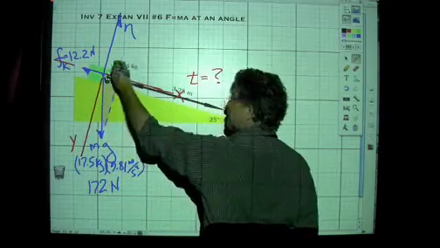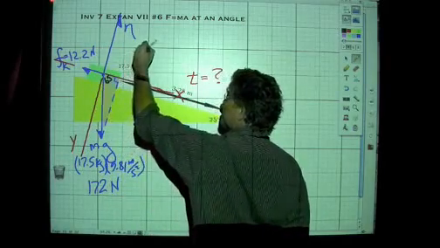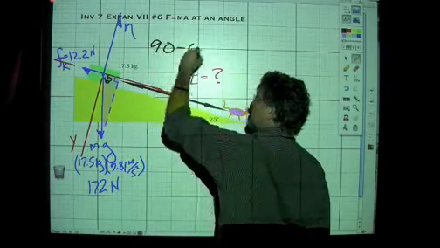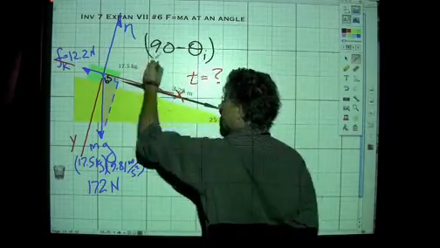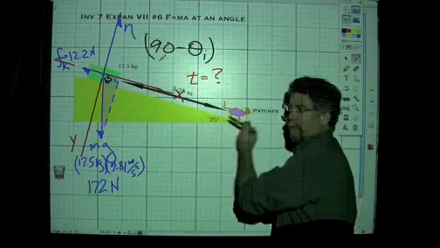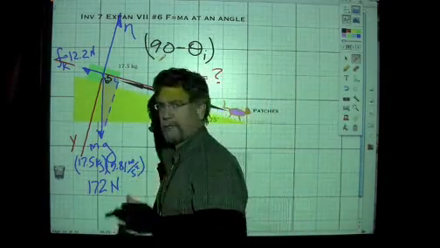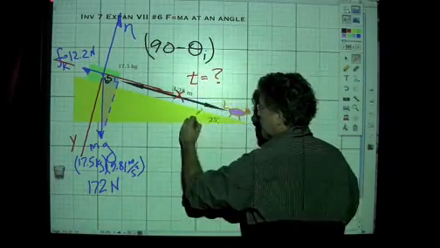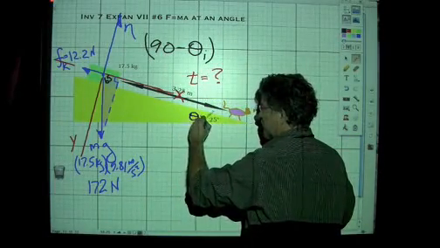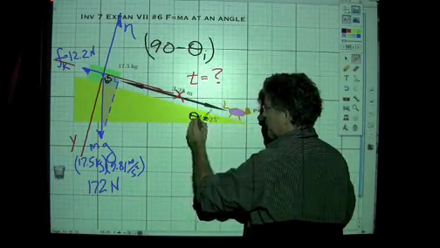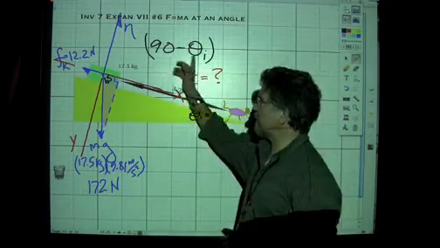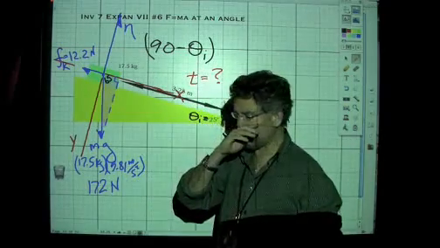That angle. So in general, this angle up here will always be 90 minus theta I, whereas this angle is theta I. In a previous help video, we talked about this. Theta I is the angle of incline. So in this case, the angle of incline is 25 degrees. 90 minus theta I is 65.